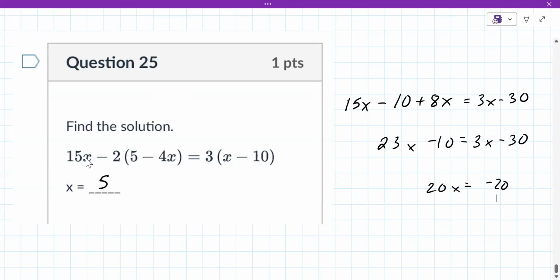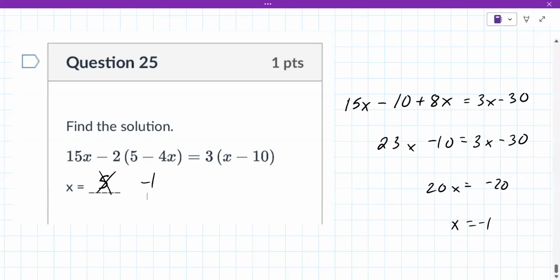Like if you put 5 in, 15 times 5 is 75, and this right here gives you 20, negative 15. You start doing some quick calculations, you'll be like, well, that doesn't look right. But it's easy to make a mistake where you just forget a sign or don't multiply everything in. To me, it looks like the answer is x is -1. Yeah, that's gonna be my correct one.